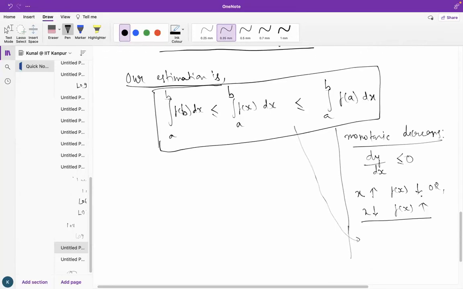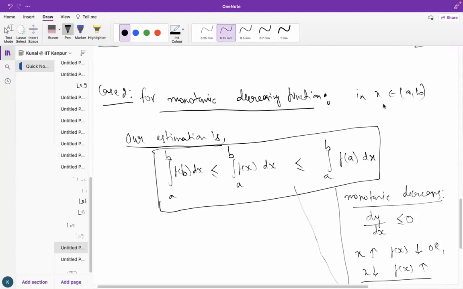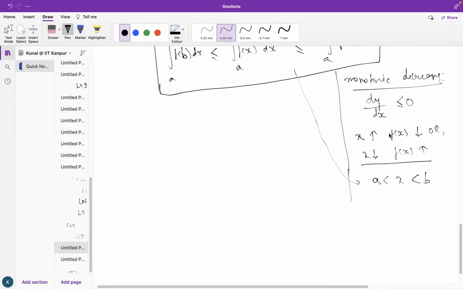We all know that x varies from A to B, as given in any question. Now our f(x) varies from f(A) to f(B). Look here, as x increases, f(x) decreases.